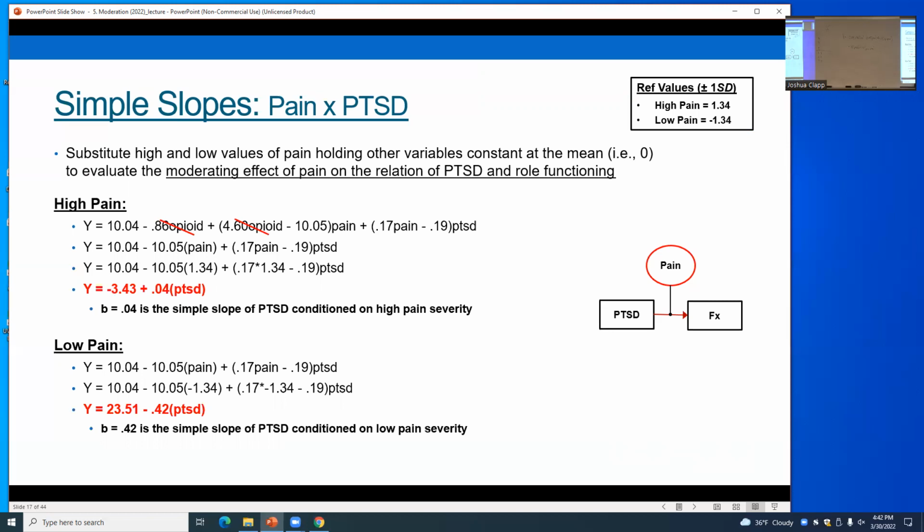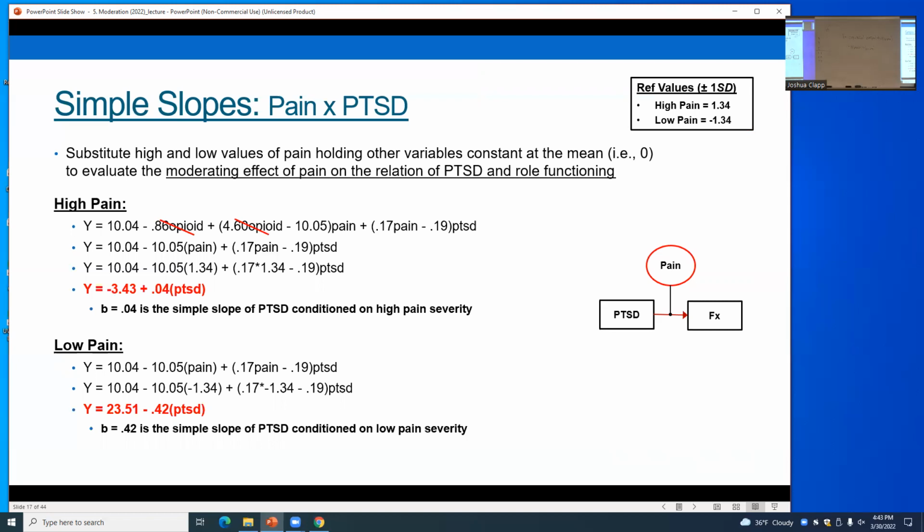Because I'm multiplying things by 0 and they just go away, which is nice. Another nice reason for centering is I'm holding things constant at the mean. Multiplying things by 0 makes things easy because things just go away, right? But if I then start plugging in values, what I see is a very different relation of PTSD with my outcome at high levels of pain versus low levels of pain.